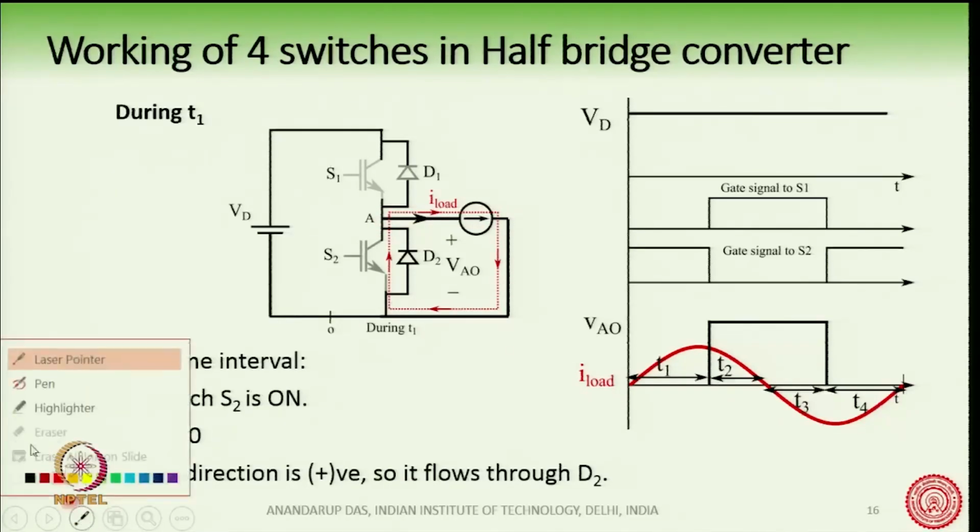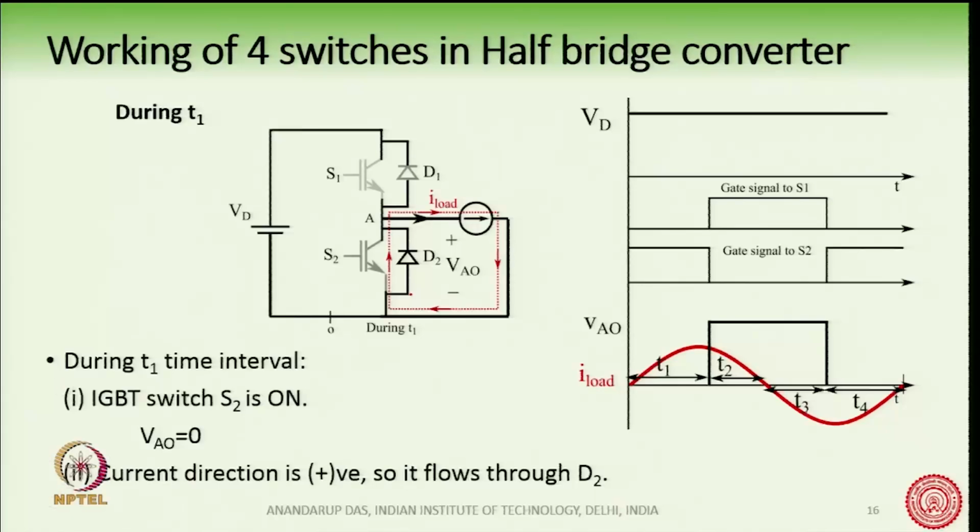So, the path of the current is shown here, this is the path of the current, and D2 is conducting. So, the circuit is getting completed like this, D2, I load and like this here.